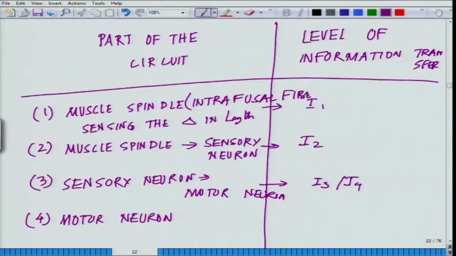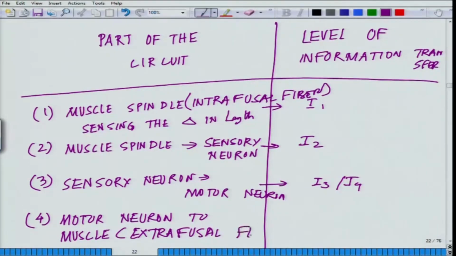Okay. Motor neuron to muscle or extrafusal fiber, that is I5. Okay. So, if you look through this whole thing, you will realize that information is being transferred.